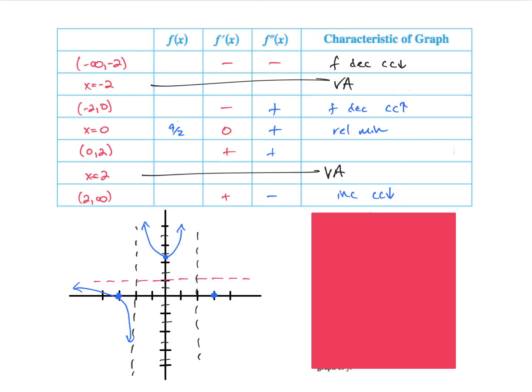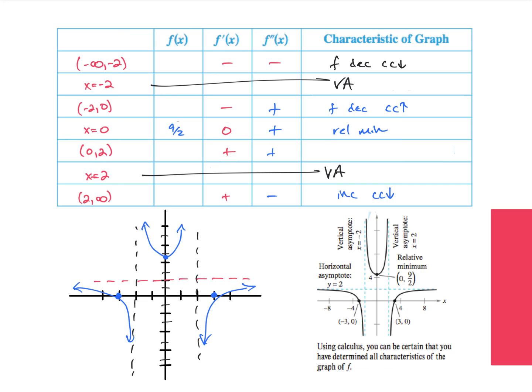So my hand's looking like this. Which one is increasing and concave down? The thumb or the finger? The thumb. All right, it's looking like that. So I would finish it up just like that. All right. Let's see how we did. Oh, we did actually. All right. Pretty good.